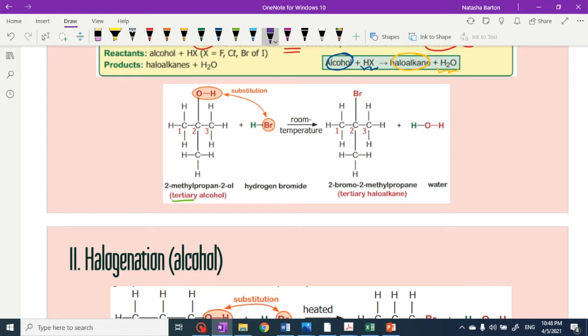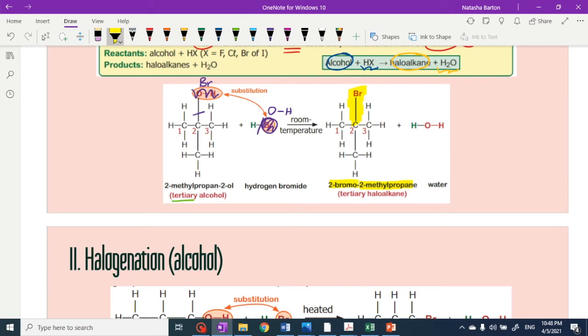So at this point where we have our OH or hydroxyl group, the hydroxyl group is going to detach. It will then switch places with the halogen atom, in this case bromine, so that instead you will have bromine attached here, and instead of bromine here we will have an OH. And therefore the product of this reaction is 2-bromo-2-methylpropane, where instead of the alcohol's functional group, which is a hydroxyl group, we now have bromine.